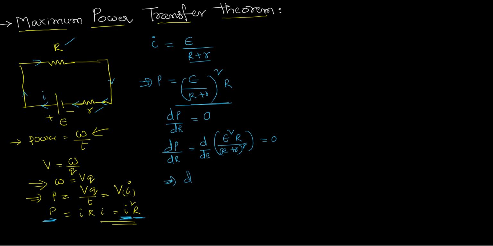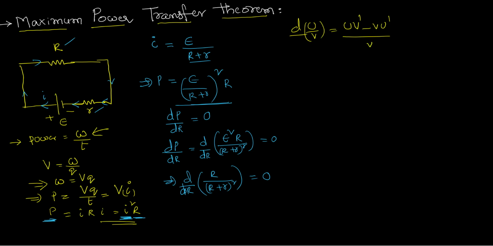That implies d by dR of capital R by capital R plus small r whole square has to be equal to 0. This I have to identify. This is like differentiation in a U by V format. I can write the formula for the differentiation of U by V. We have learned in differentiation, it is V into differentiation of U minus U into differentiation of V, by V square.